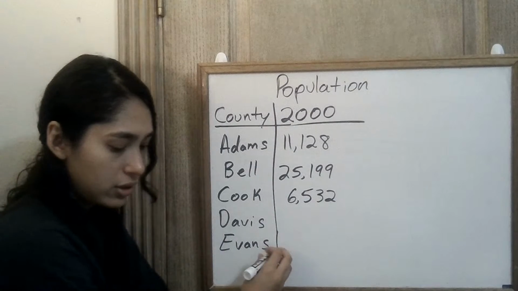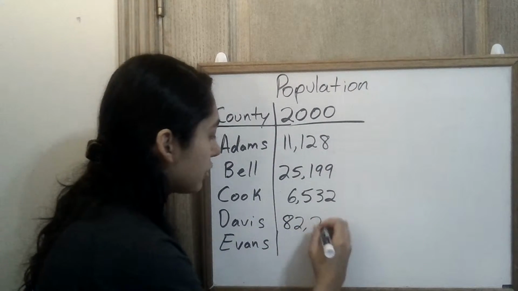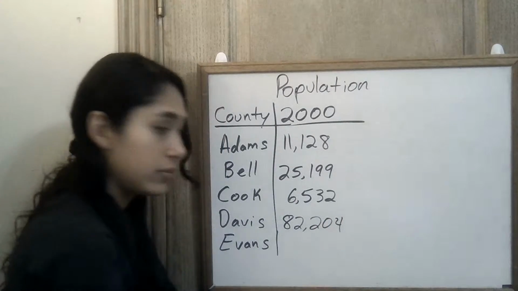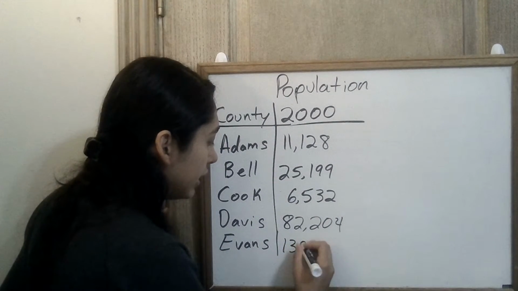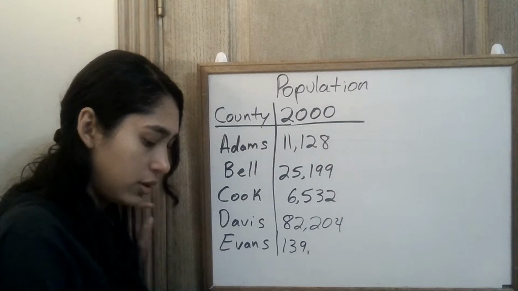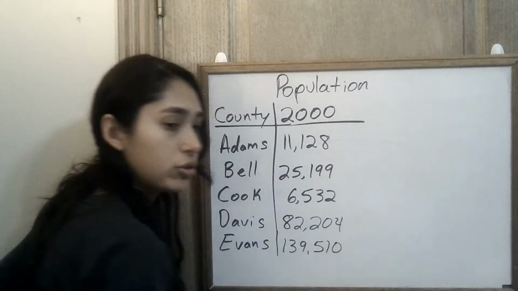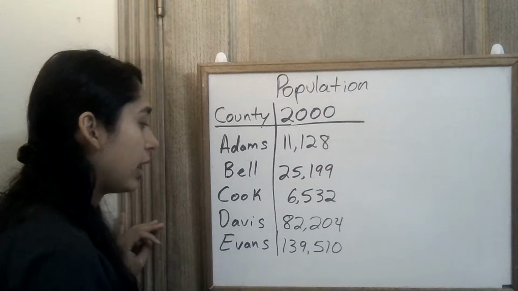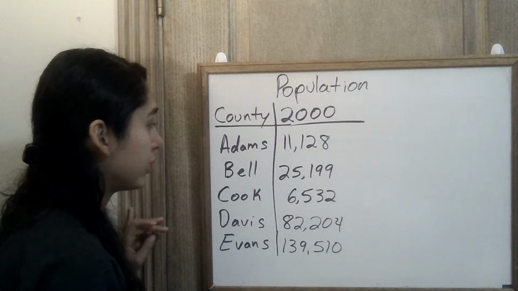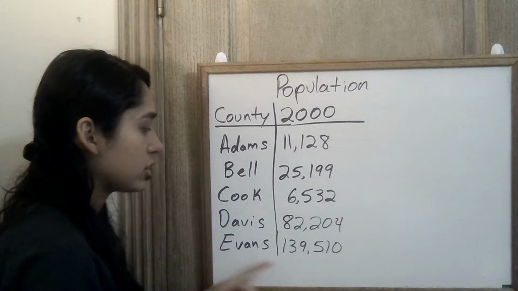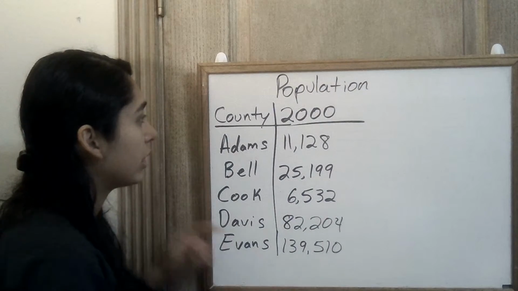Then in Davis, we had 82,204 people. Evans County, we had 139,510. So that's a little bit closer to the value that we have in counties in this area. Or actually, this is even closer to a city size in our area.